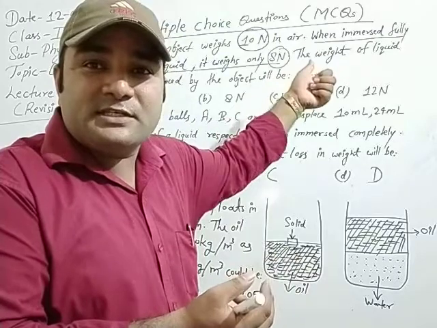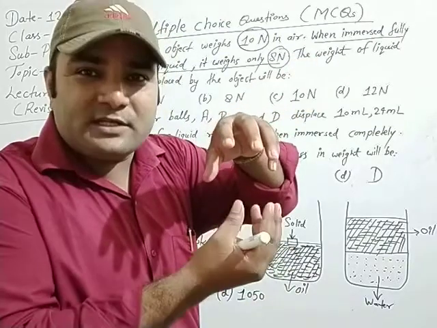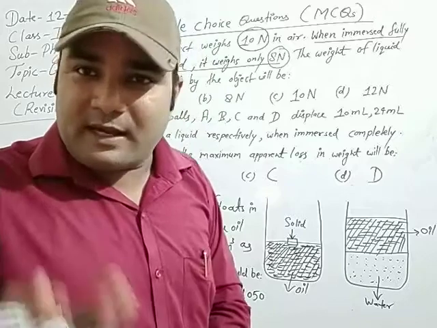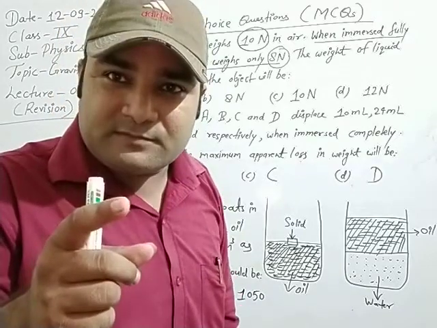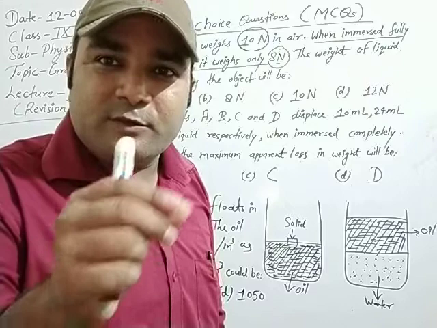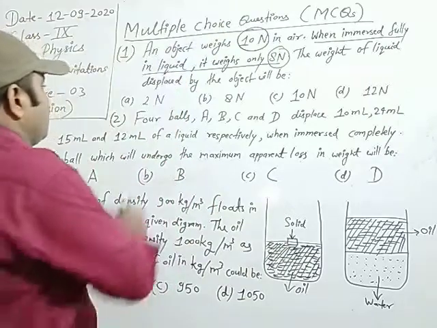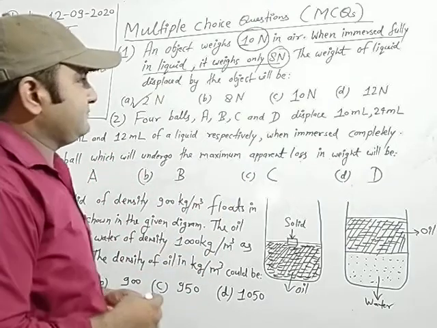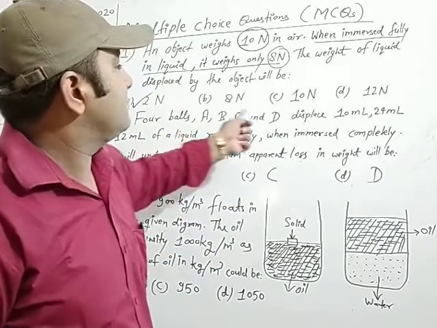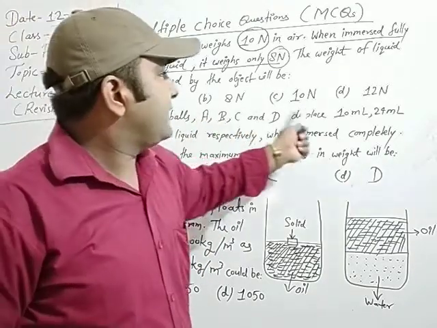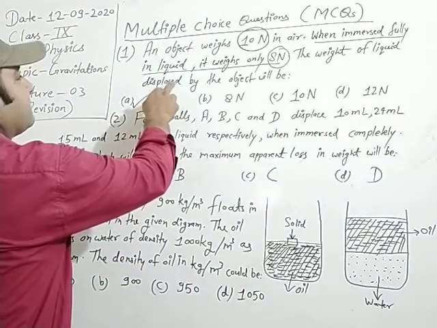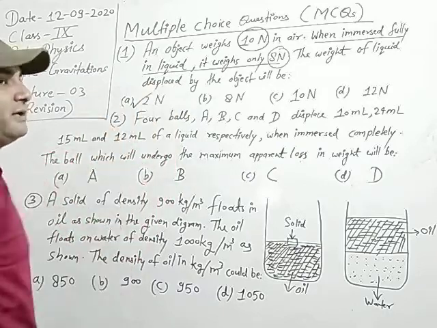It means 2 Newton decreases. That 2 Newton is the upthrust force, and that upthrust force must be equal to the weight of liquid displaced. So among these four values, 2, 8, 10, 12, the actual value is 2: the weight of liquid displaced is 2 Newton.